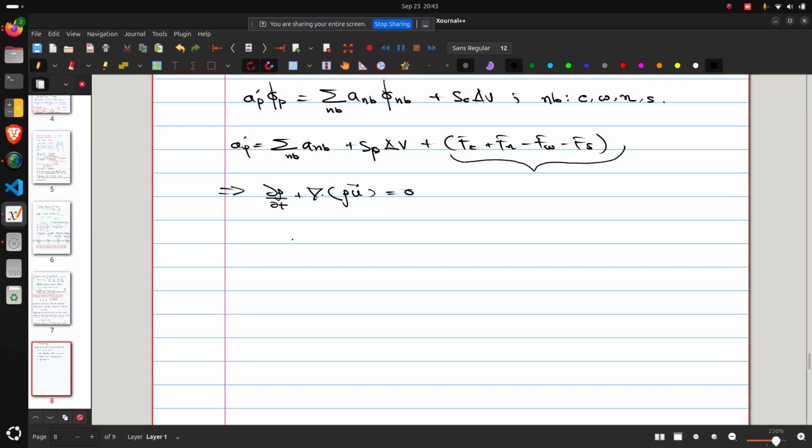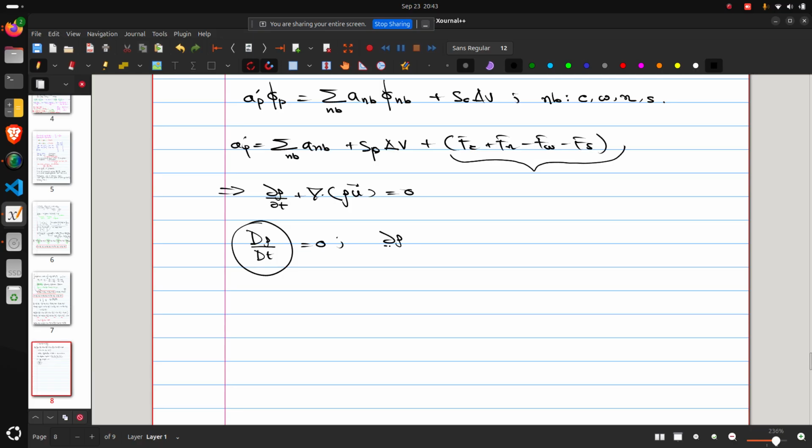So this we had, but for an incompressible flow, we know that the material derivative of the density is always 0. What does that mean?